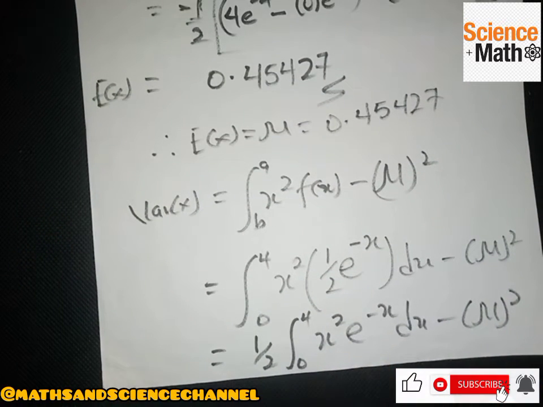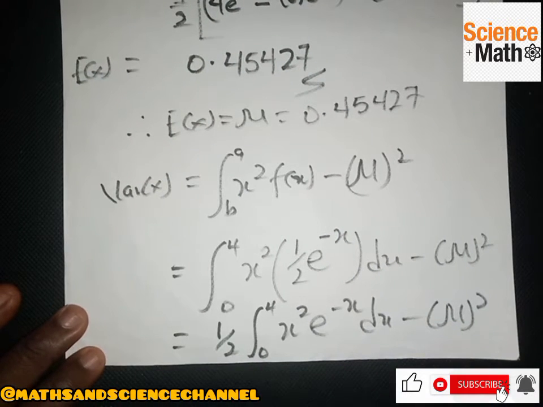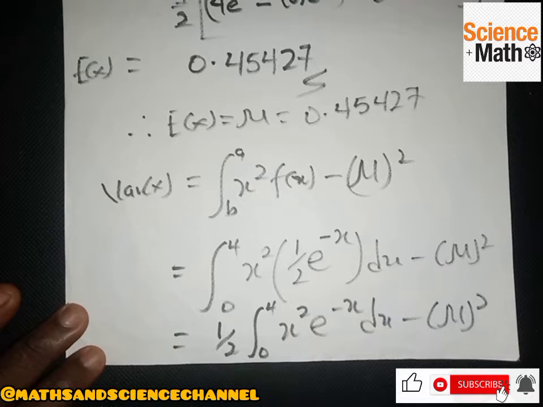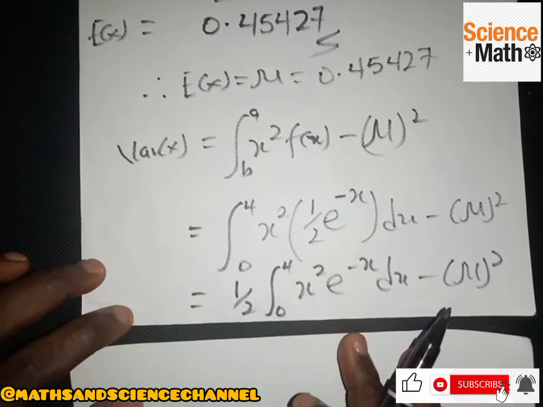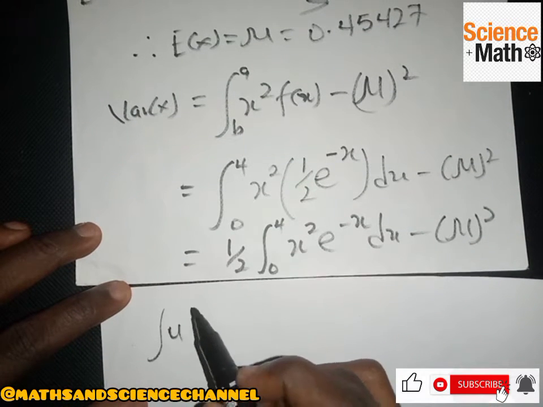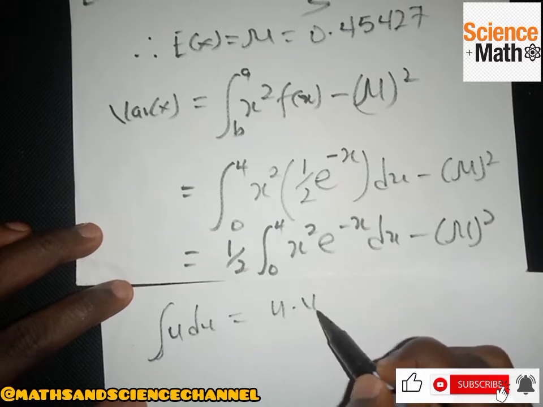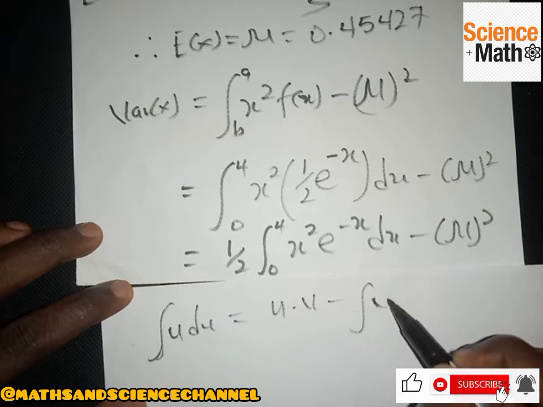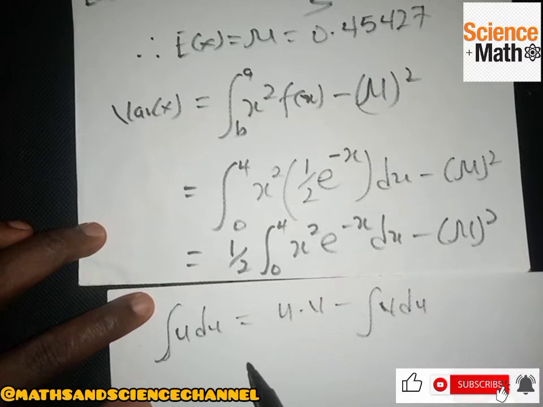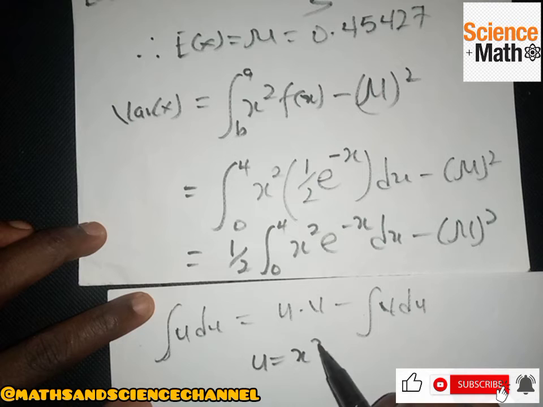Now from here we still have integration by parts, and we still have to solve it using integration by parts. Using the integral of u dv being equal to u multiplied by v minus the integral of v du, and comparing that to this, u here is just x squared.